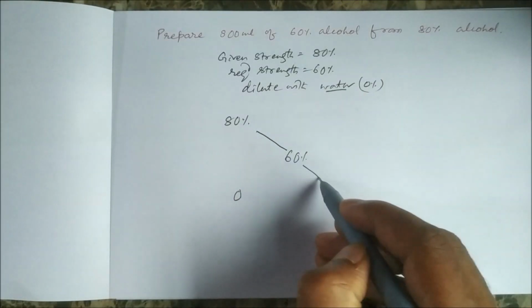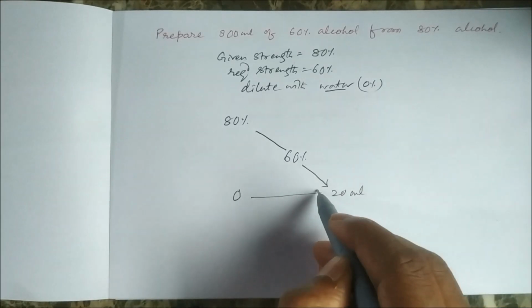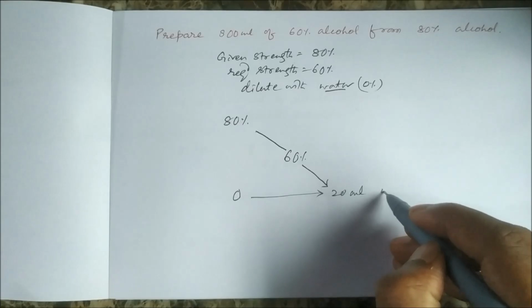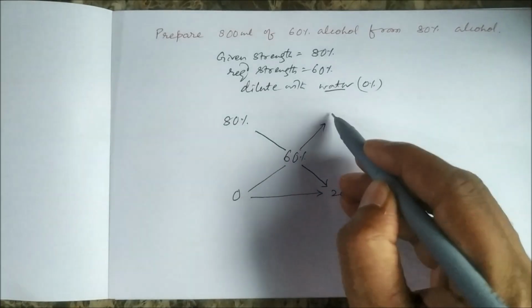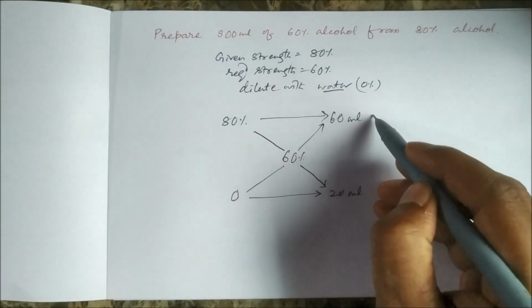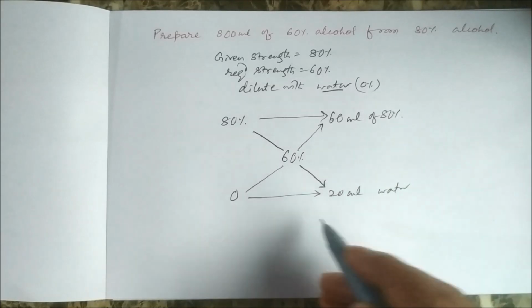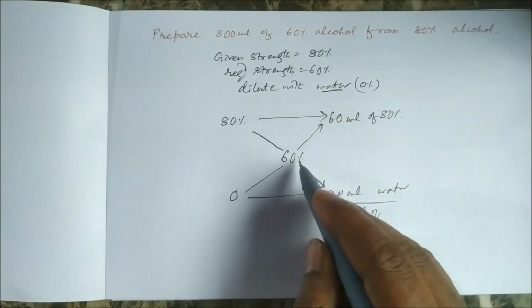Now if we subtract, it will be 20. So we need 20 ml of water. And if we subtract here, it will be 60. So we need 60 ml of 80% alcohol to get 80 ml of 60% alcohol.